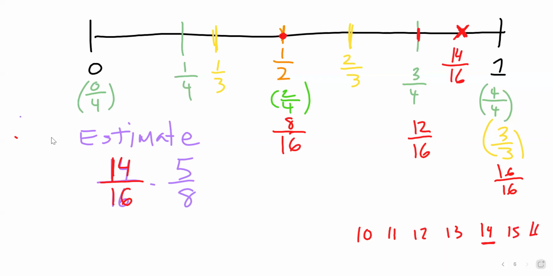If we're here, it's 2 jumps to 16, which would be 1 whole, or it's 2 jumps to here, which would be 3/4. Now, in this scenario, what I always say is it's pretty good if it's the same either way, like it doesn't matter. It's just as close to 3/4 as it is to 1 whole.